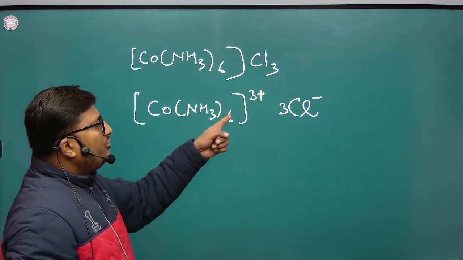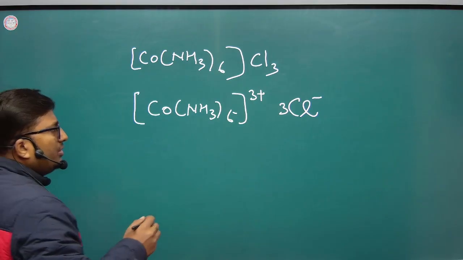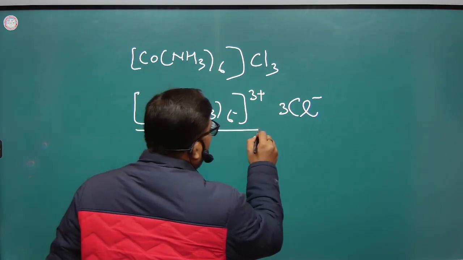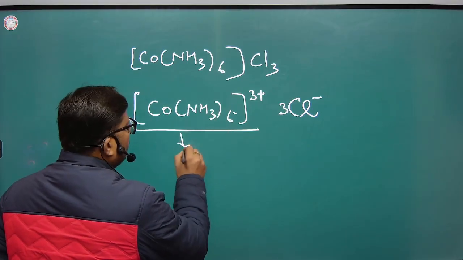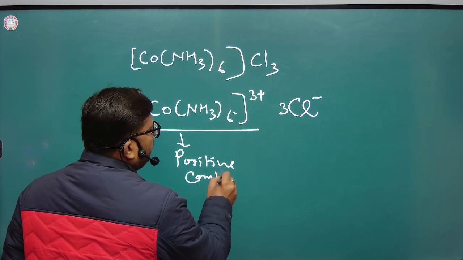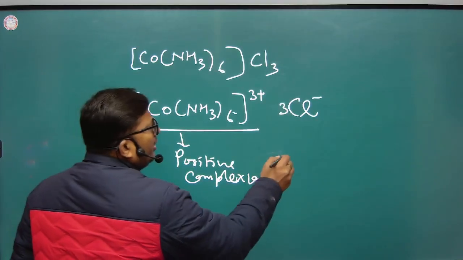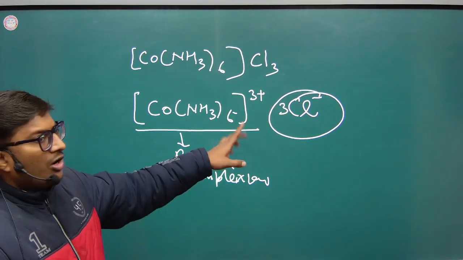So 3 positive and 3 negative charges are balanced to each other. This is a positive complex ion, stabilized by negative counter ions.